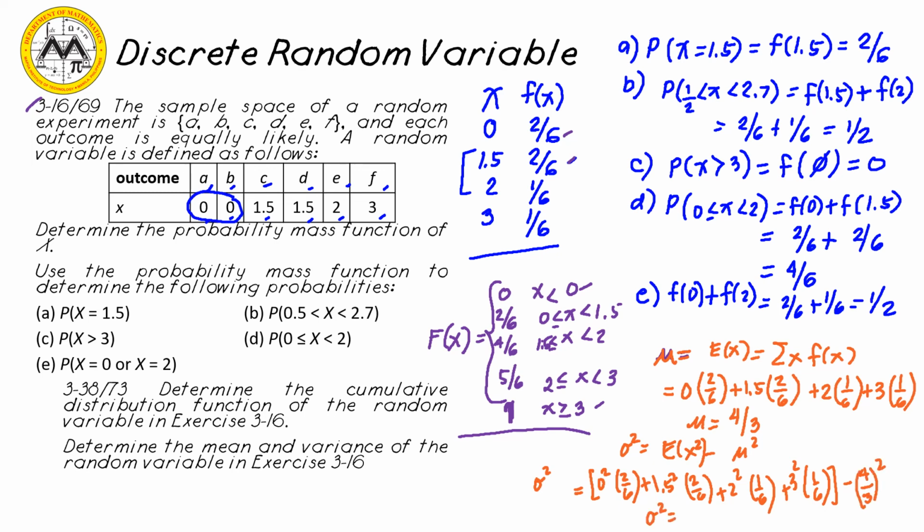So we can compute for the variance to be equal to, please verify if you get the same answer, 41 over 36.